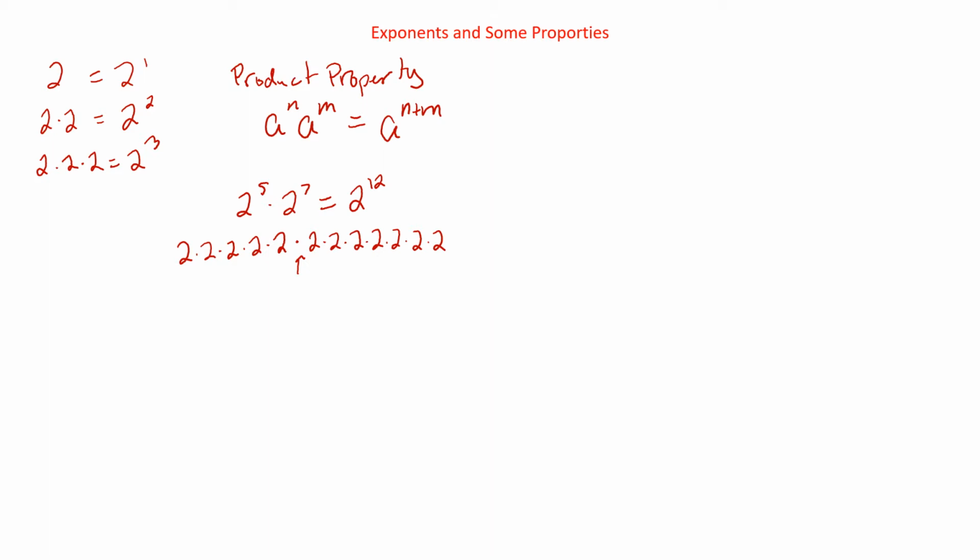We also have a quotient property. We have a to the m over a to the n. And well, when we're multiplying them, we add the exponents.